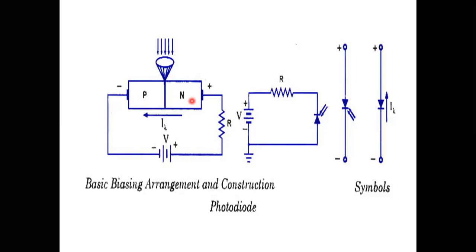Therefore a large number of electrons become free, and these electrons move due to the electric field across the PN diode, such that it constitutes electric current. So if more light falls on this PN diode in reverse bias, more will be the flow of current.